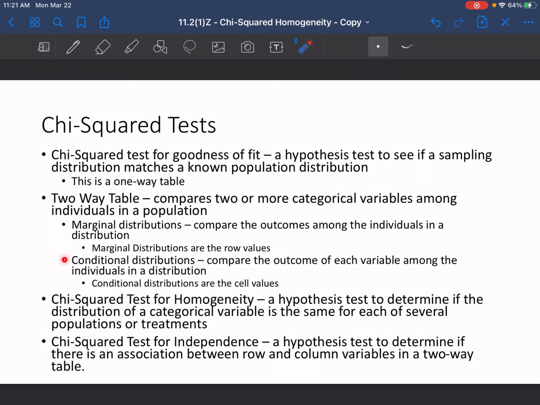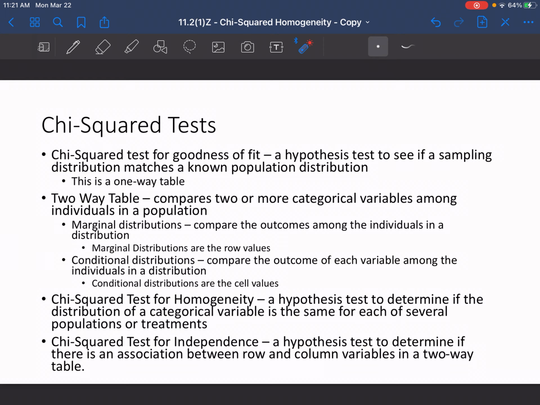And we have two terms that we really need to understand when looking at a two-way table. We need to understand what marginal distributions are, which compare the outcomes among the individuals in a distribution. Marginal distributions are going to be the row values or concern the row totals, basically. So again, when you think of marginal, you think of the word margin, and when I think of the word margin, I think of the totals columns in my two-way table, basically.